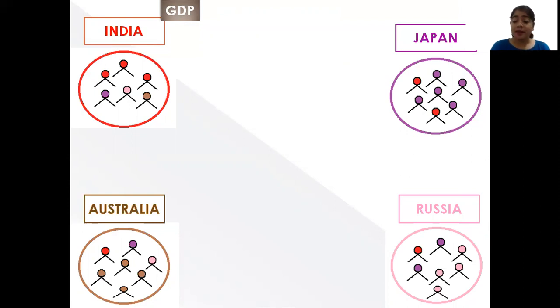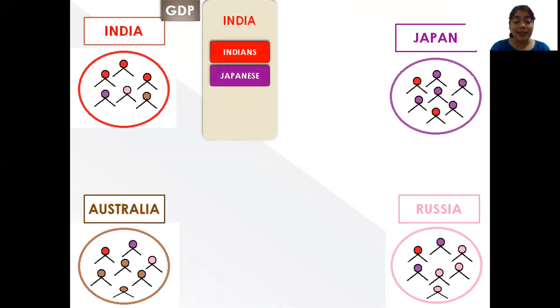So, here now we talk about the GDP of India. As in the boundary of India, Indians are working, Japanese are there, Russians and Australians. They are working and they are generating income within the boundary of India. So their contribution within the boundary of India is known as the GDP of India.